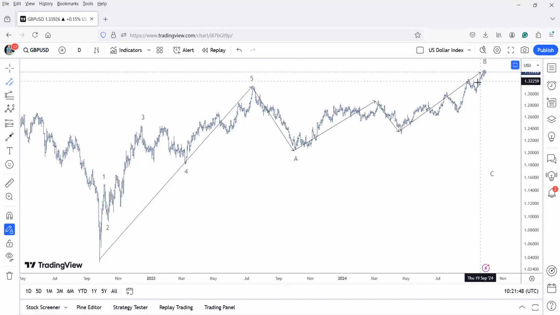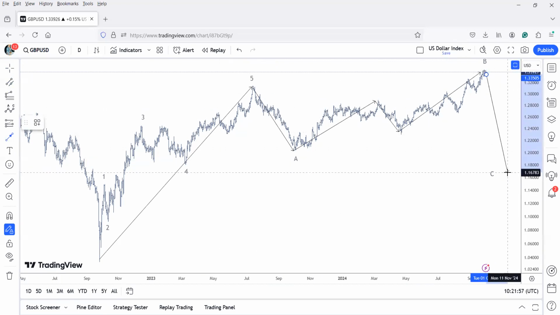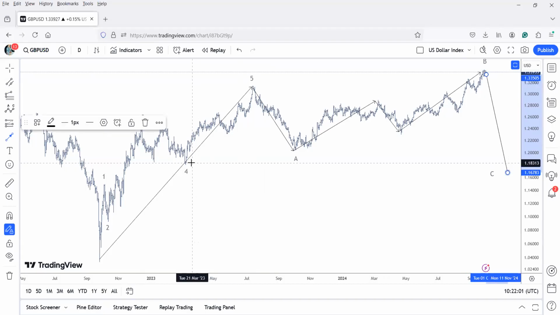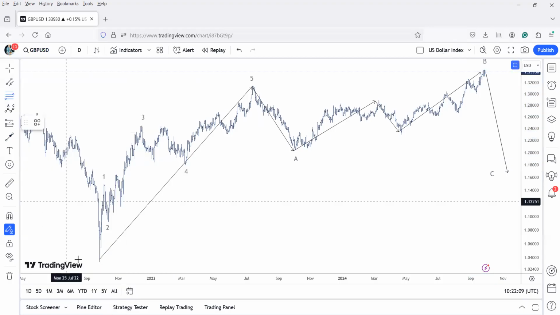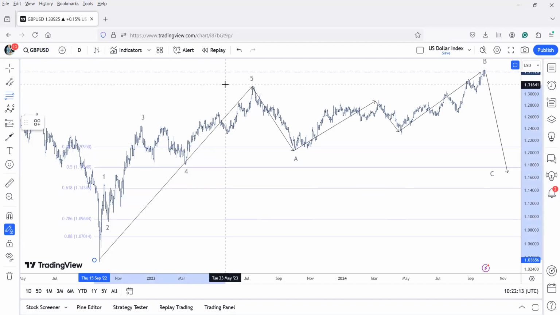So all in all, if that is an expanded flat in the making, then there should be a sharp decline from this price, subdividing into possibly five waves back towards wave four of one lesser degree, and also around 50% or 60%.